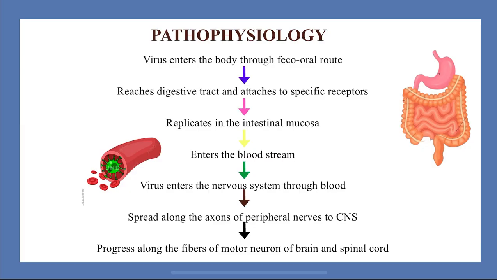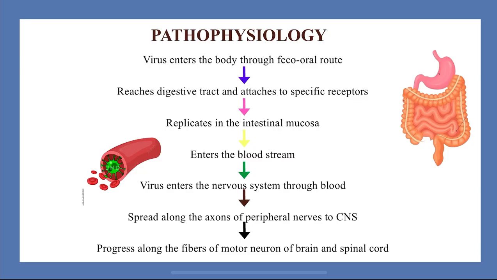The virus is so strong that it can pass through acidic environments. It can survive in a pH as low as 2. It will cross the acidic medium of the stomach and then enter the intestine.